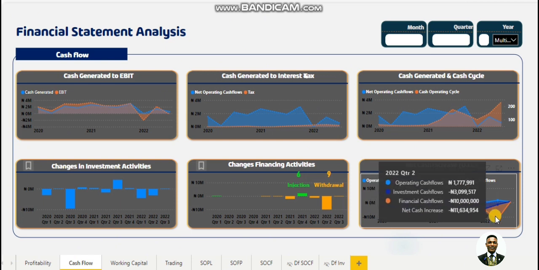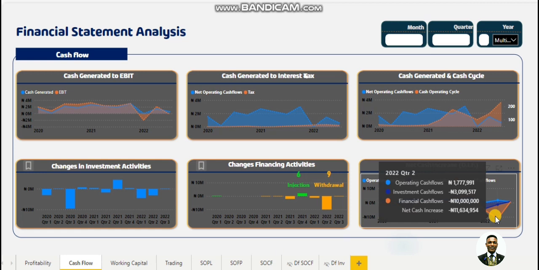The same can be said from the second quarter of 2022. So clearly, the business is spending so much into investing. We understand the business is just starting up and all of that, but then withdrawing so much from its finance by the owners of the business really makes no sense.